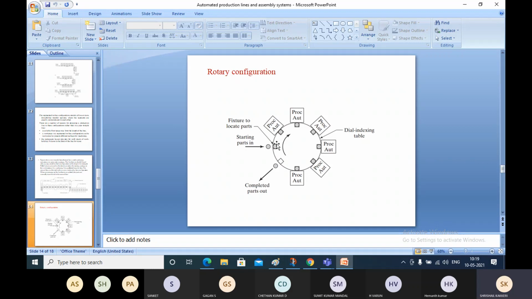And what are the limitations? Only very low weight, small work parts can be processed in this. Heavy parts cannot be processed in these rotary mechanisms.